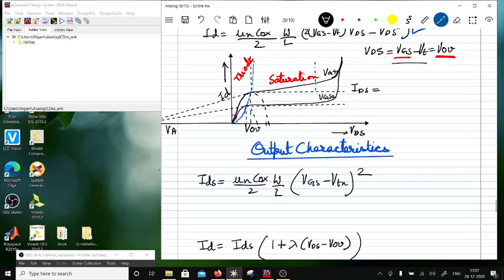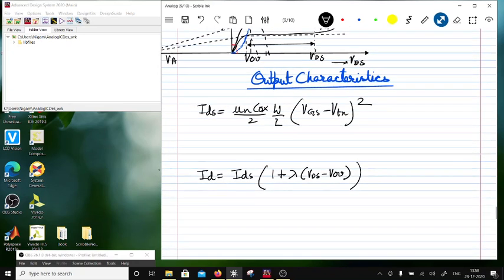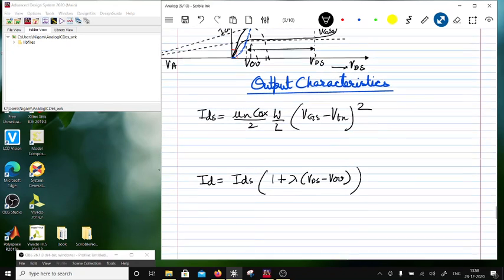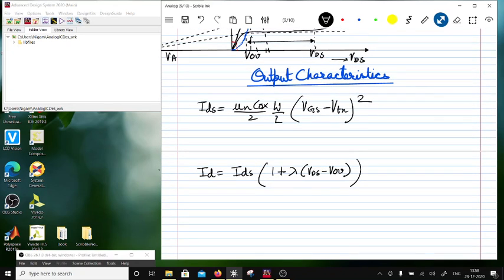Let's consider VDS at this point. In this case, this distance is VDS minus V overdrive, times the slope will give you this quantity. So that's the total current: IDS plus lambda times VDS minus V overdrive.